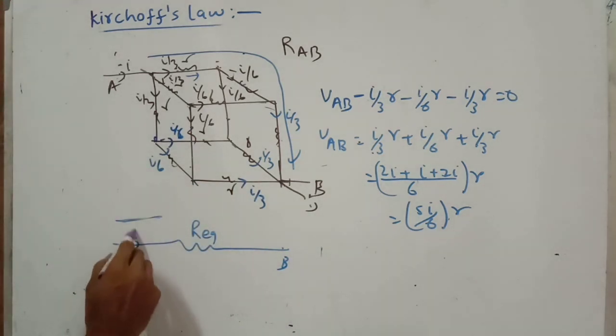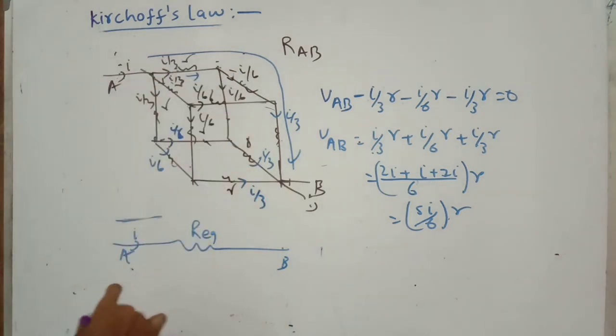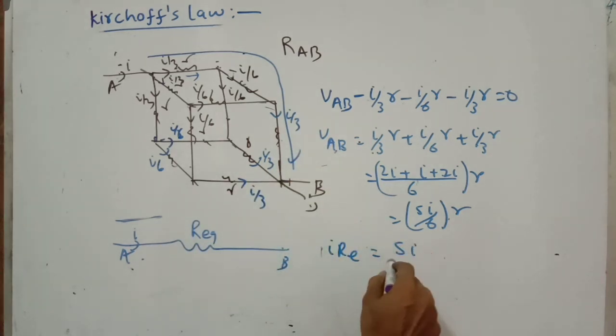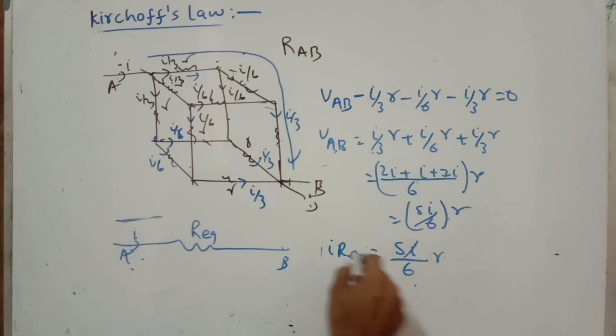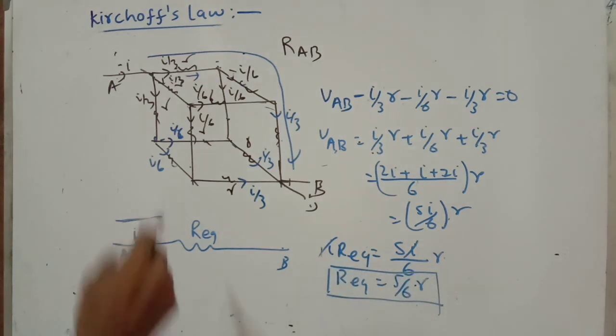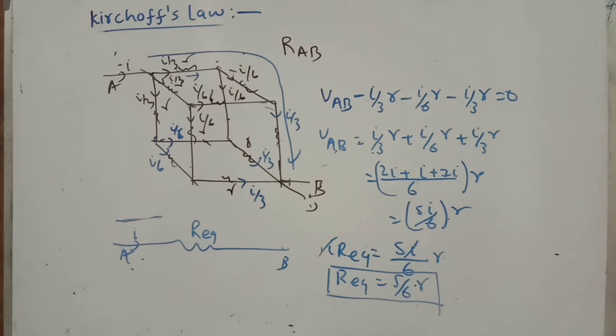We know the total current through this circuit is I. So VAB equals I into R equivalent, which equals 5I by 6 into R. I cancels, so R equivalent becomes 5 by 6 into R. So with the help of Kirchhoff's law, we can also find the equivalent resistance of a group of resistances in a circuit.